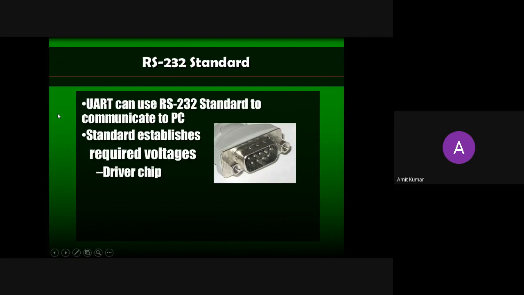This signaling level standard requires converting the 0 to 5 volt range: 0 should be converted to -3 to -15, and 5 should be converted to +3 to +15.